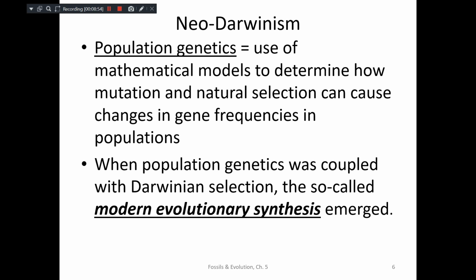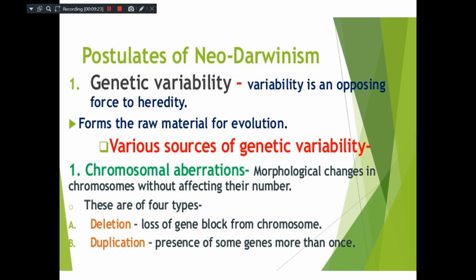When this population genetics was coupled with Darwinian selection, that is natural selection, the so-called modern evolutionary synthesis emerged. When coupled, this synthetic theory of evolution, or what is so-called neo-Darwinism, came into practice.